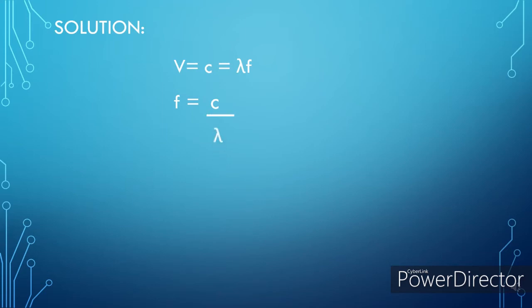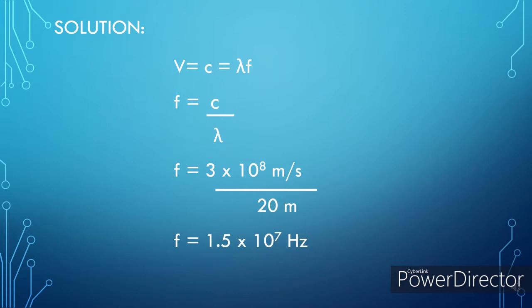Substituting the values, we will have f equals 3 times 10 raised to 8 meters per second, which is the value for the speed of light, and that is constant, divided by the value for the wavelength, that is 20 meters. So if we divide these values, f equals 1.5 times 10 raised to 7 Hertz.